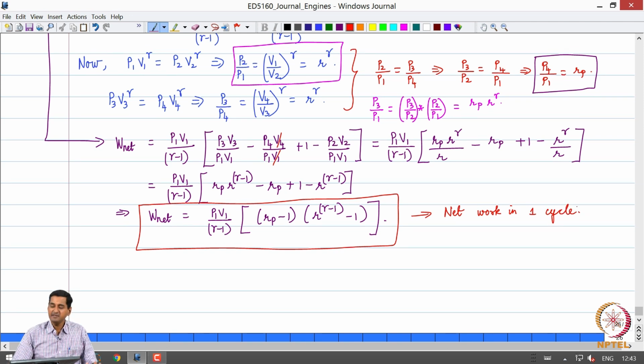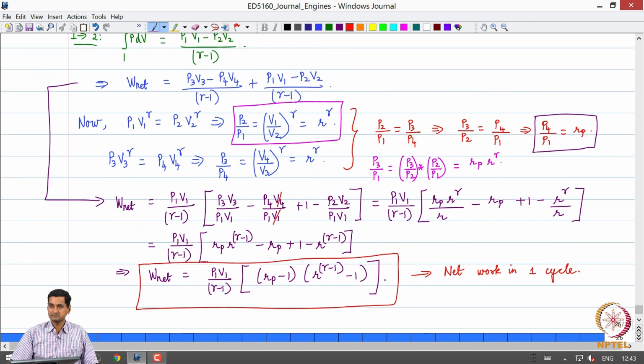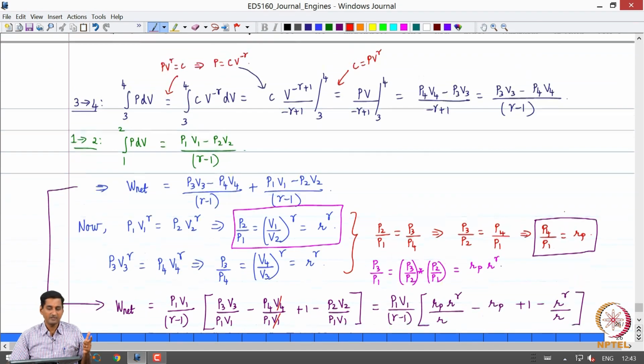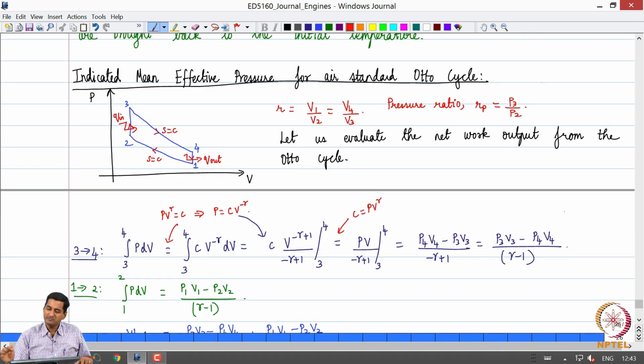So, what is IMEP? It is this net work in one cycle divided by the displacement volume. So, now going on, what can you say about the displacement volume? V displacement is going to be equal to V1 minus V2.